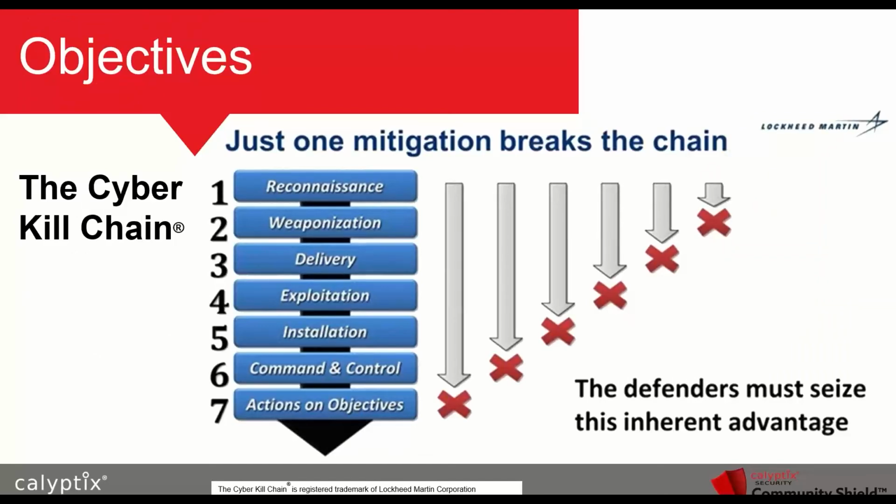When you think about what the objectives of the defenders are, it's really to find a way to thwart the bad guys at whatever stage we can. If we can stop them from finding your open ports, that prevents reconnaissance. That prevents attacks, brute force attacks. If we can stop them from downloading the malicious payload when you've gone to a bad website or opened an email, then we can prevent that delivery or exploitation. Or maybe they're beaconing out, command and control.